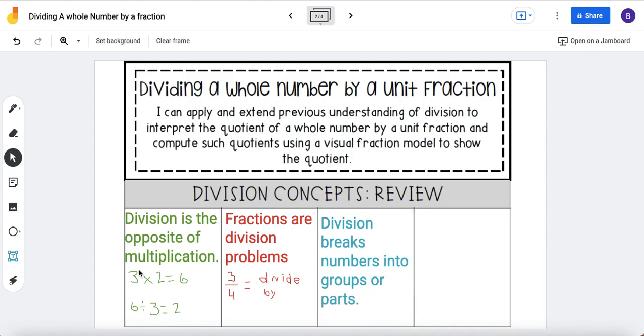So if we go back to this other example, 6 divided by 3, that's saying that we have 6 of something and we're dividing it into 3 groups or parts. And the last piece is a unit fraction has a 1 in the numerator.